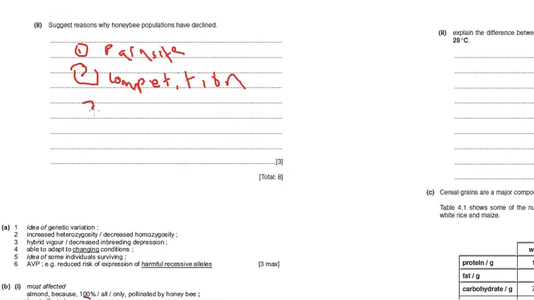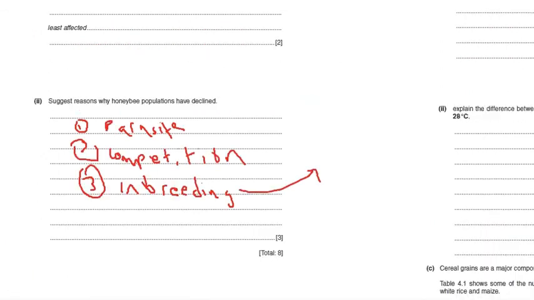So what will this inbreeding imply? Maybe I should explain this point again. Inbreeding will mean same-group mating.